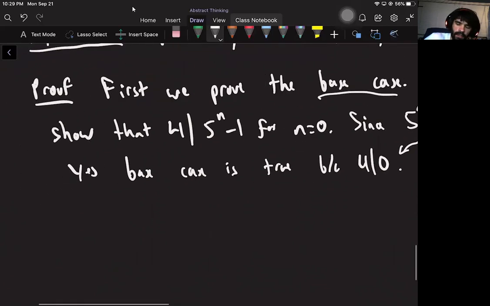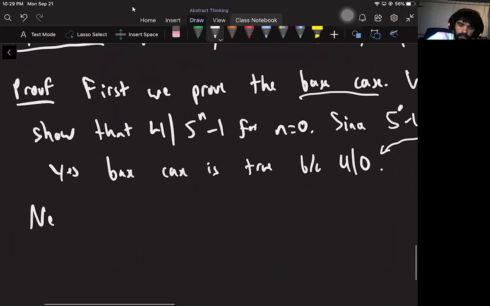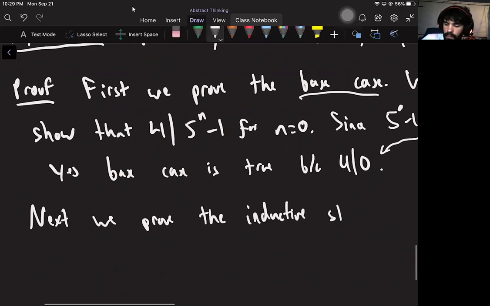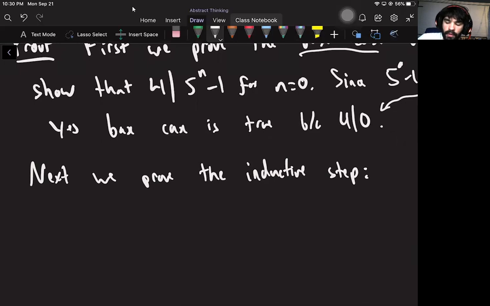So now we prove the inductive step. It's like a proof within a proof. The inductive step is itself a new statement, a statement of the form if-then. So you have to assume the if and prove the then.